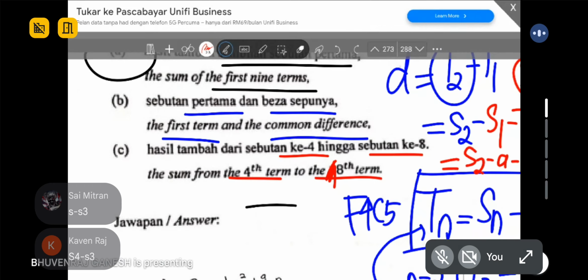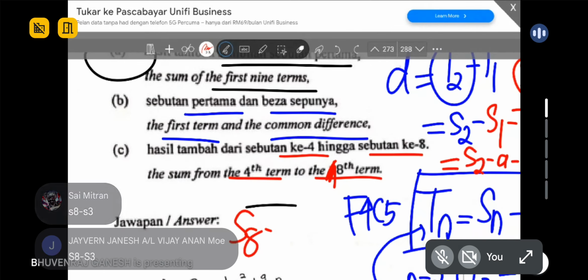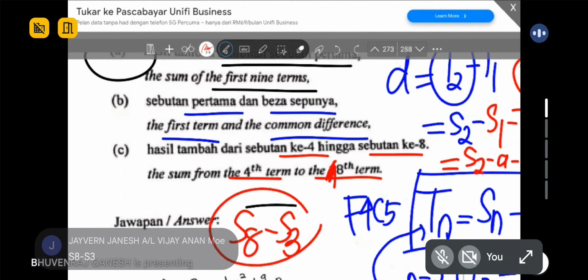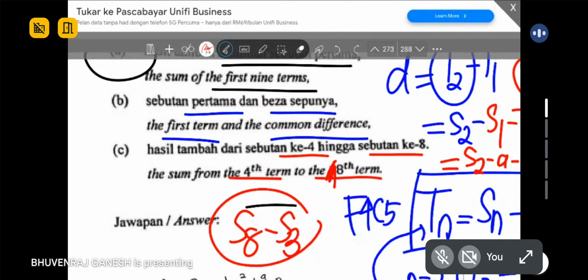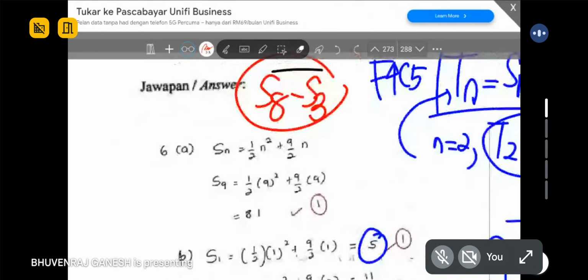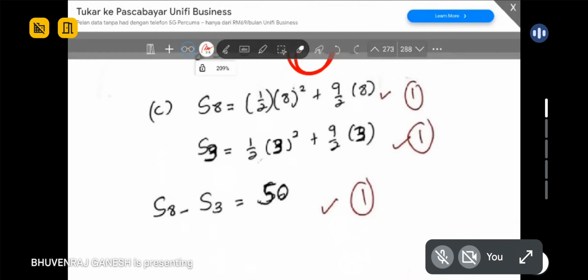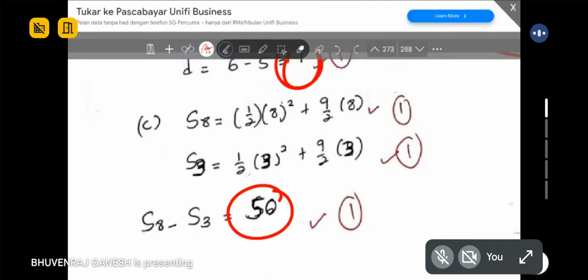Are you sure? 4 until 8, guys. Yeah, the answer is S8 minus S3. Remember, S8 minus S3. So it's the first 8 terms minus the first 3 terms. Hasil tambah 8 sebutan pertama, tolak hasil tambah 3 sebutan pertama. Alright, so you guys just find the value, substitute in your formula. Your final answer is 50.